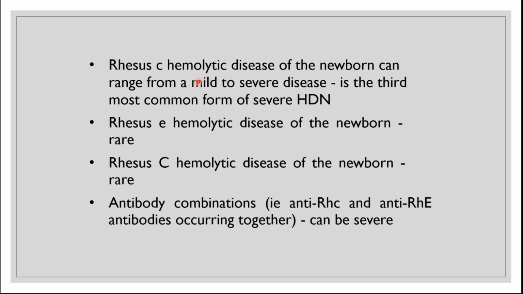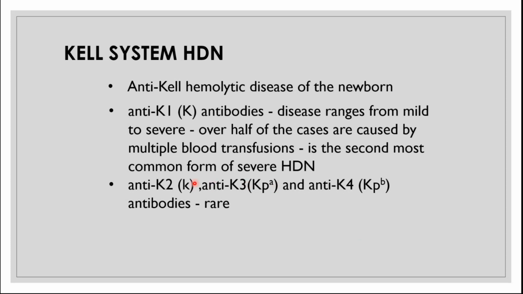Rhesus small c HDN can range from mild to severe. Rhesus small e HDN is rare. Rhesus C is also rare. The antibody combination, kalau semua ni sekali, it can be severe.